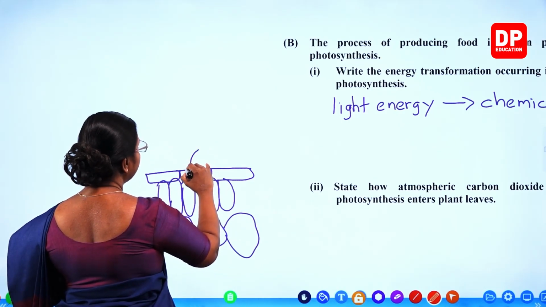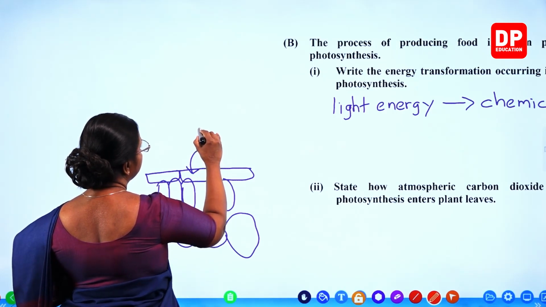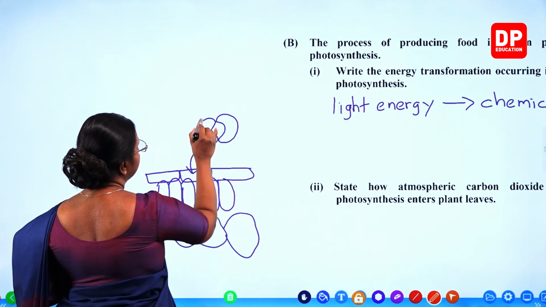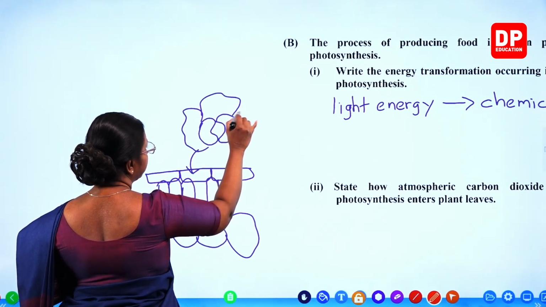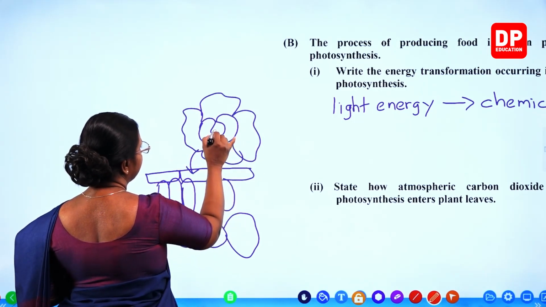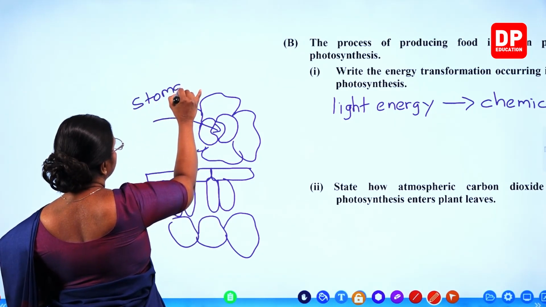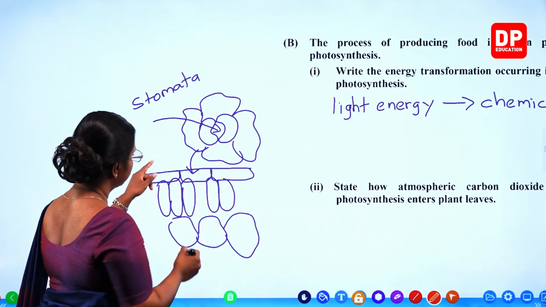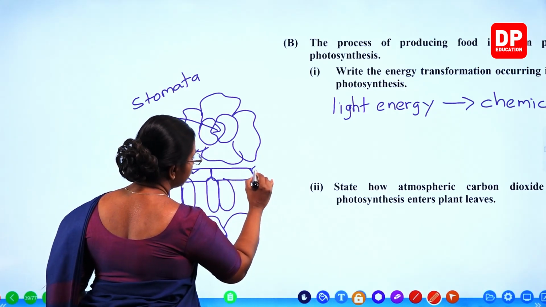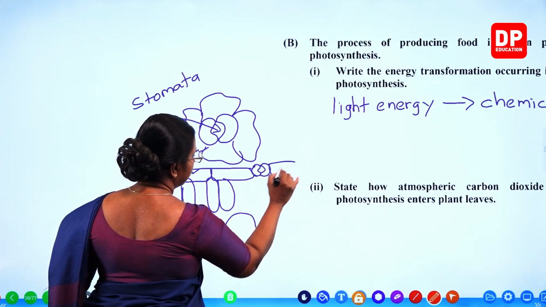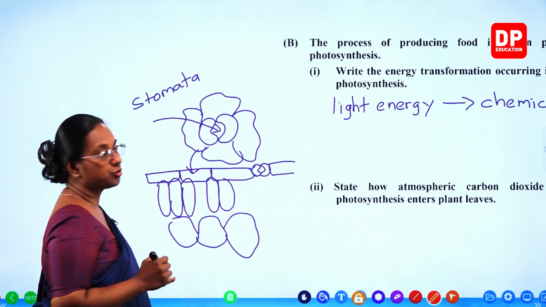If you take the epidermis, you can remember there are the guard cells like that in the epidermal cell. So, this guard cell, there is the stomata. You can remember. So, the stomata, in between here also you will have the stomata like that. The guard cells and the stomata.